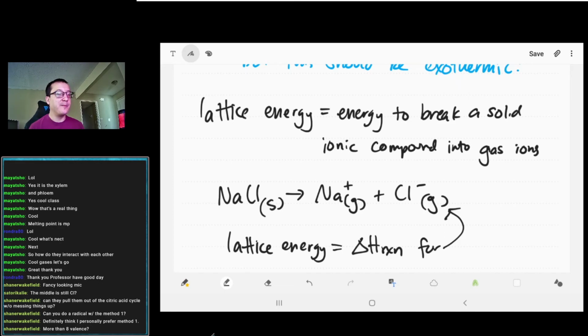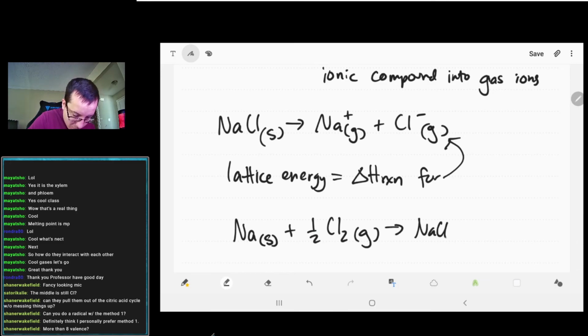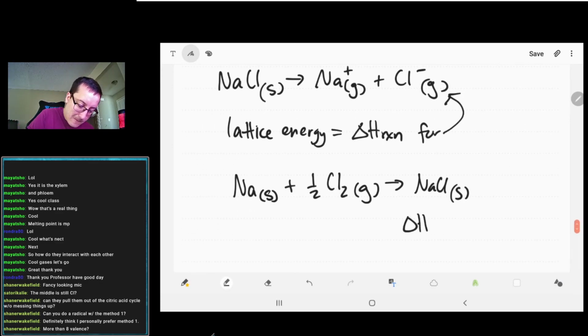And so we're going to want to see all the reactions that are happening here. So let's go ahead and have a look. It turns out that overall, this reaction has a delta H of negative 411 kilojoules, right?